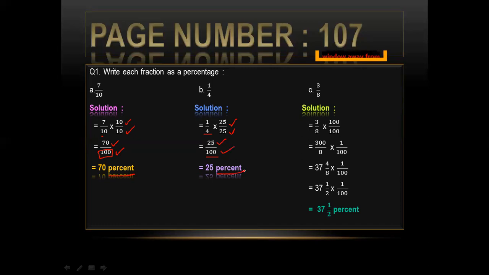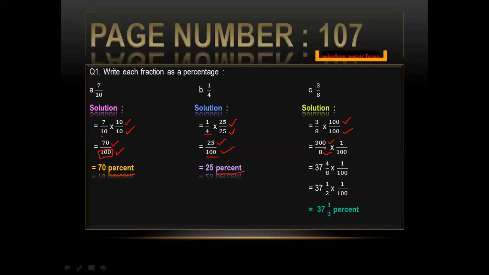Come to part C, 3 over 8. We multiply and divide by 100. 3 multiplied by 100 is 300. 300 over 8, because there is no number which when multiplied with 8 gives 100. So that's why we multiply this fraction by 100 over 100.